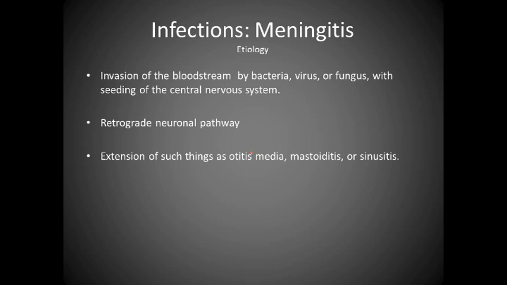So the scary thing about meningitis is the third bullet point. You can have an ear infection, inflammation of the mastoid air cells, and or persistent sinus infection, and all ultimately wind up with meningitis. Not everyone who undergoes each of these things is going to have meningitis, but for those 8,000 that actually do, the prognosis is not the greatest.